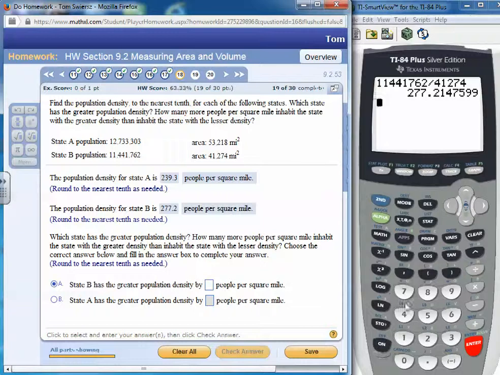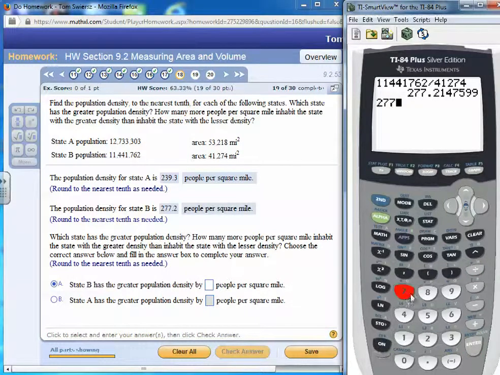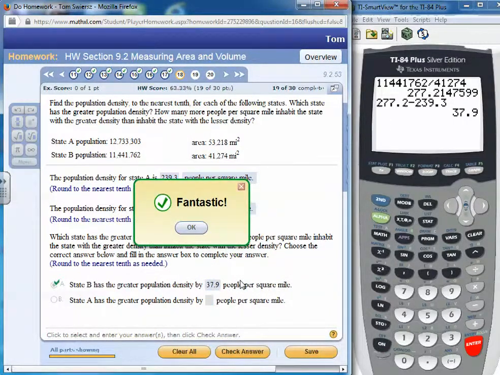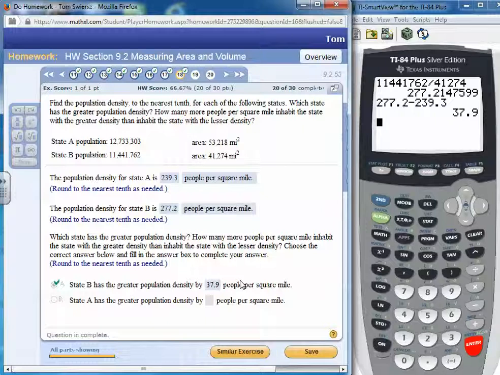We'll take our answers, 277.2 minus 239.3, and the difference is 37.9. So we subtracted the two population densities, and state B had more by 37.9.